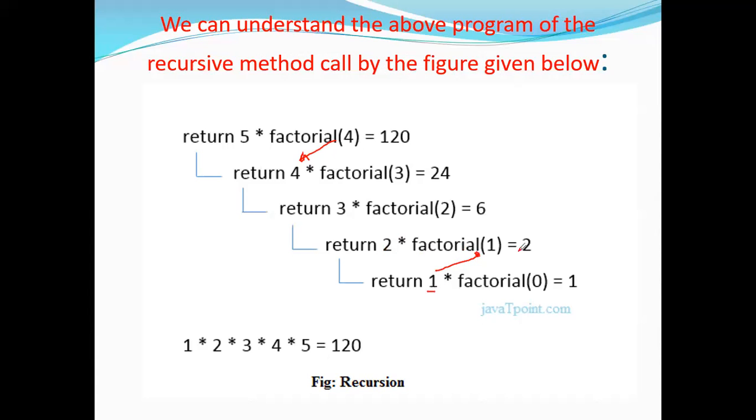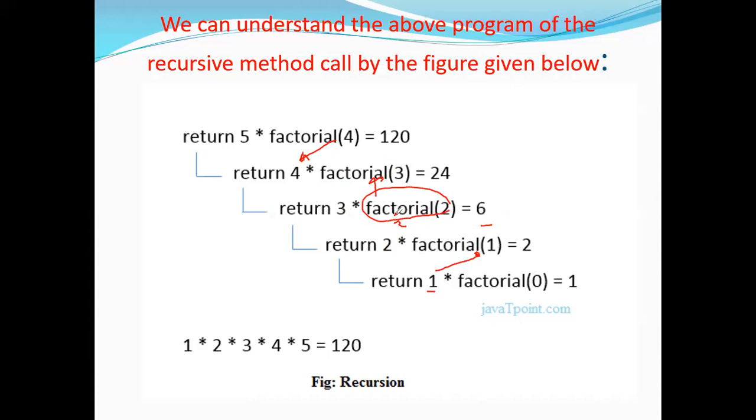Return 2. Then this 2 has to return to the caller. Fact 2 has already been calculated, that is 2. This 2 is multiplied by 3, and this 6 is returned to the above. This 6, that is fact 3, is 6. I need to calculate fact 4.